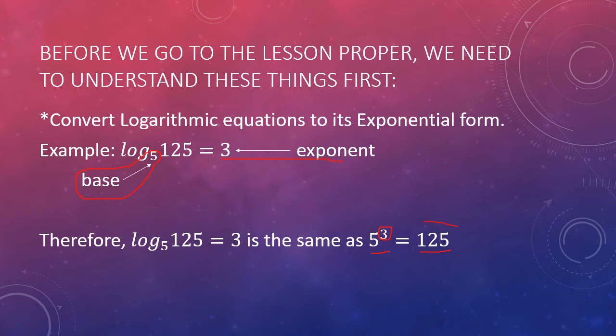So this is the exponential form of this logarithmic equation. So that is the first thing that we should definitely know, how to convert logarithmic equations to its exponential form.